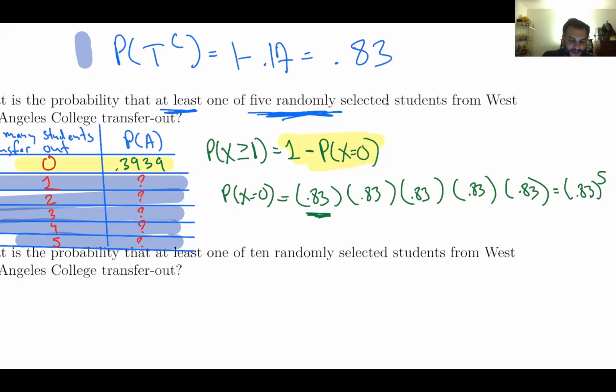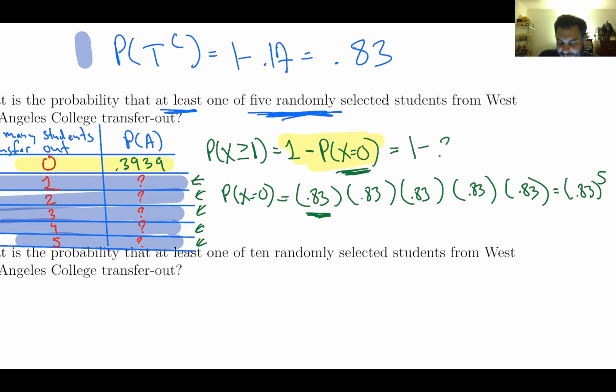I still don't know what this is, what this is, what this is, what this is, or what this is. But do I really care if I don't know that? Not really, because I want to find the probability of all of those values added up together. So since I want that, we're going to do the complement rule. So now we're going to do 1 minus the probability that X is equal to 0.